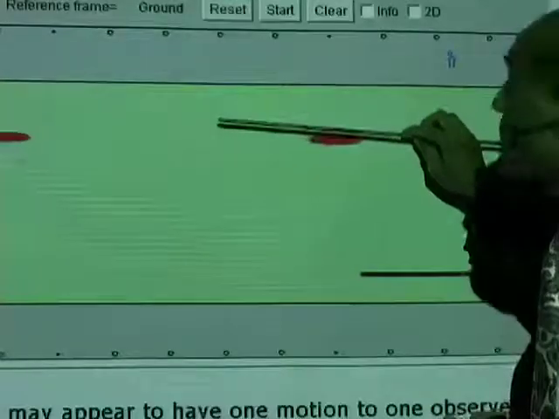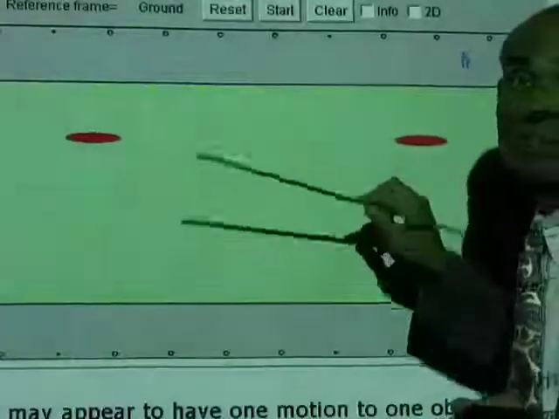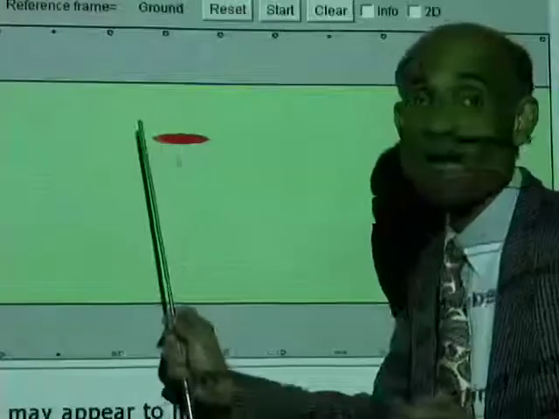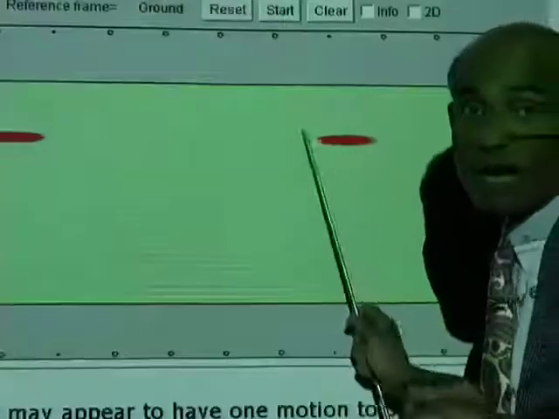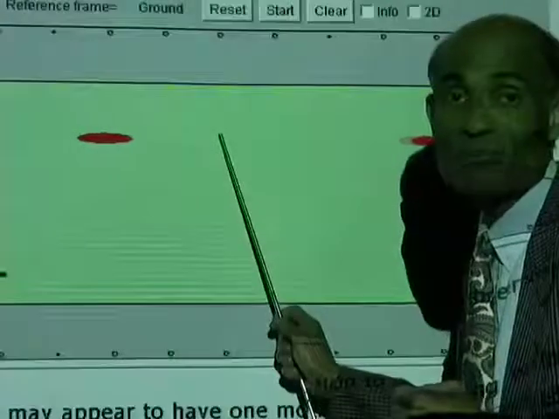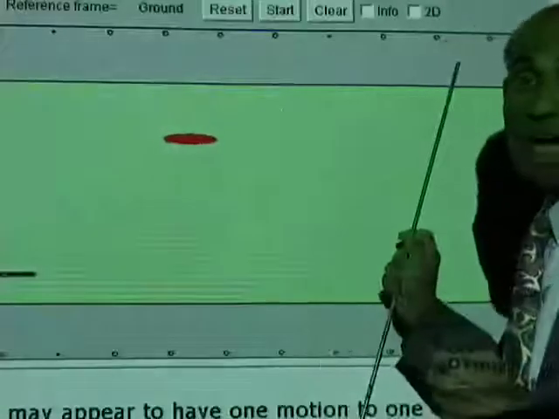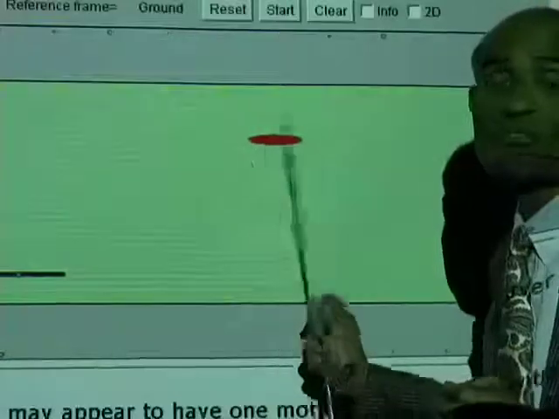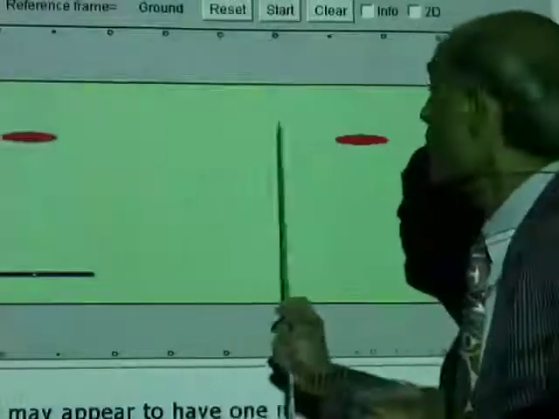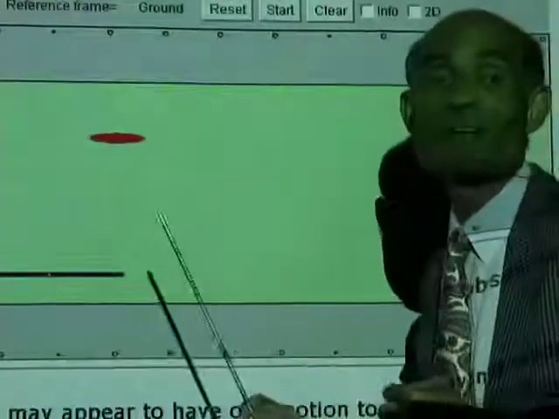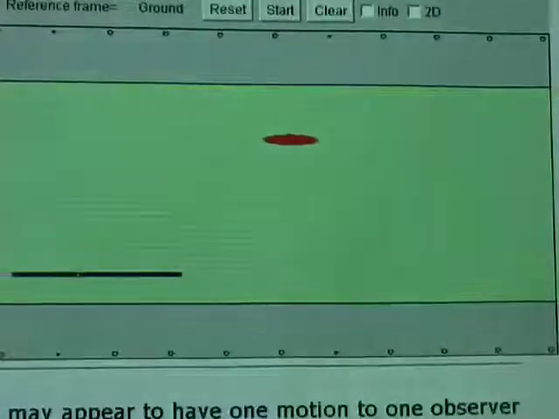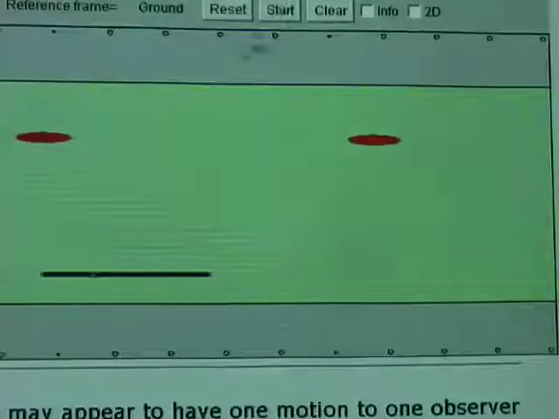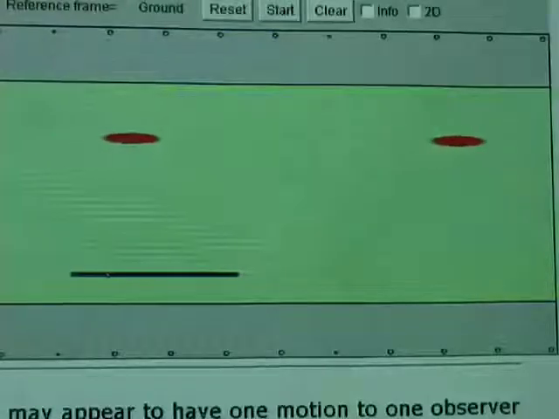That means you have to apply the same to the boat. The boat will now have a velocity 5 meters per second one way and 1 meter per second the other. So the man will measure the velocity of the boat as 5 minus 1, that is 4 meters per second i. There you are.